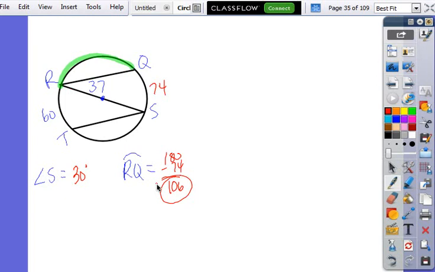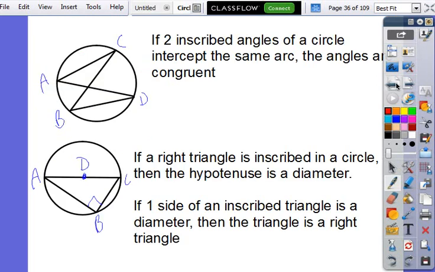All right, this first one up here says if 2 inscribed angles of a circle intercept the same arc, then the angles are congruent. If I'm looking at angle A right here, what arc does it make on the other side of the circle? What arc does angle A make on the other side? CD? Let me say, maybe that'll help. It makes CD.